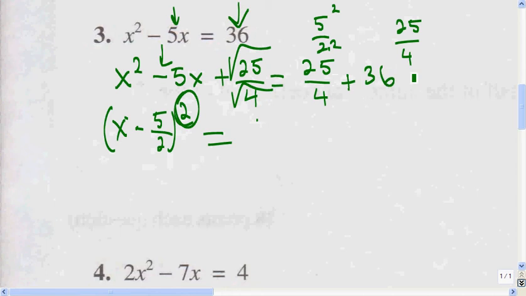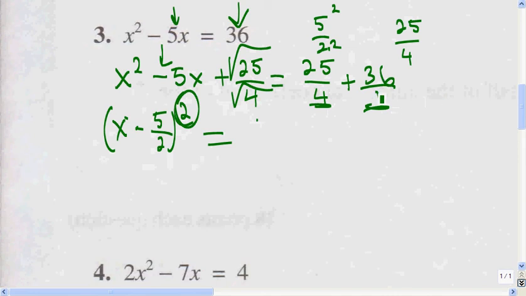Okay. Now to be able to do that, we've got to make 36 and 4 have the same denominator. To be able to add these fractions, we have to find the common denominator. The common denominator here is easy because 1 is a factor of 4, so we know that the common denominator is 4.